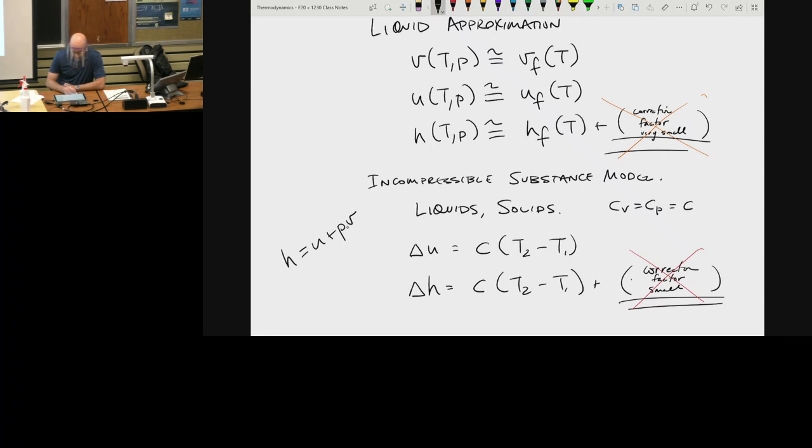If we don't have any change in specific volume, this term really doesn't contribute. So you have H is equal to U when you look at deltas. So if you can conceptually understand these ideas, then this is what I lectured about in 8 minutes.